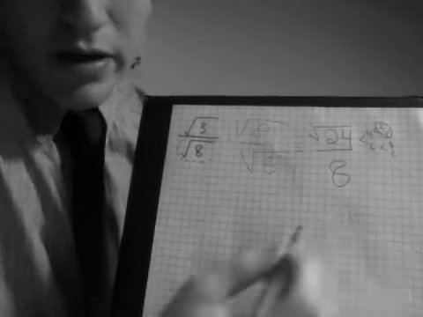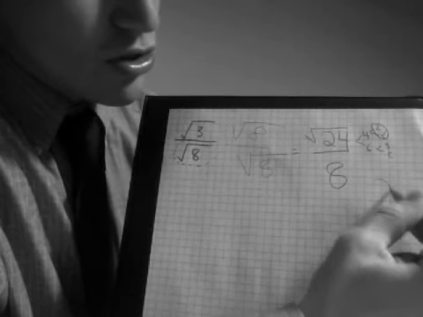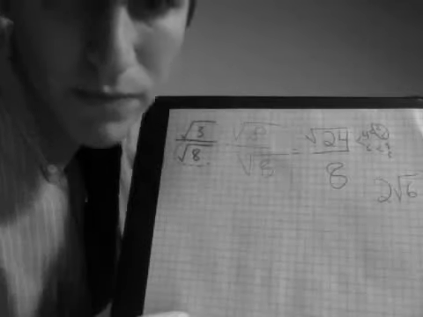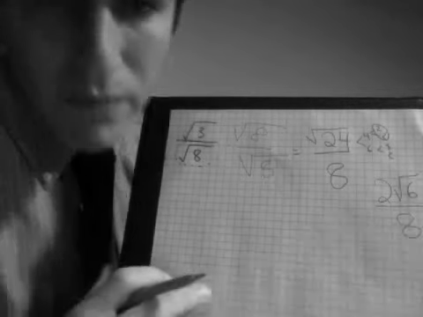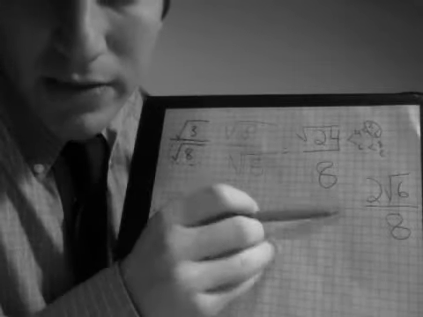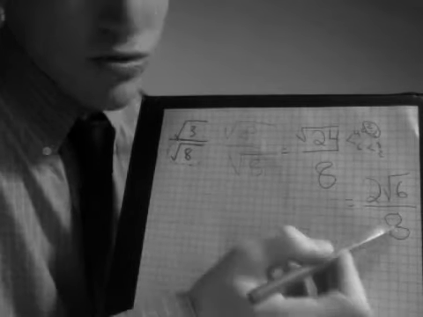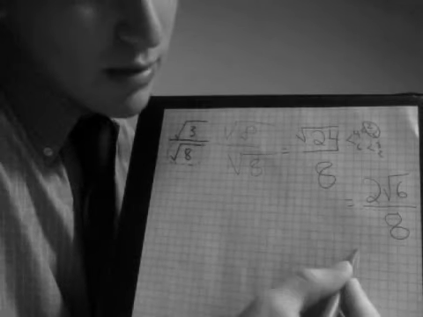So getting closer to my answer, I would have 2 square root of 6 on top. On the bottom I would have 8. All I did was simplify this radical up here to get to this. Now last step, I need to know if I can reduce these fractions at the end. 2 over 8 is the same as 1 over 4.